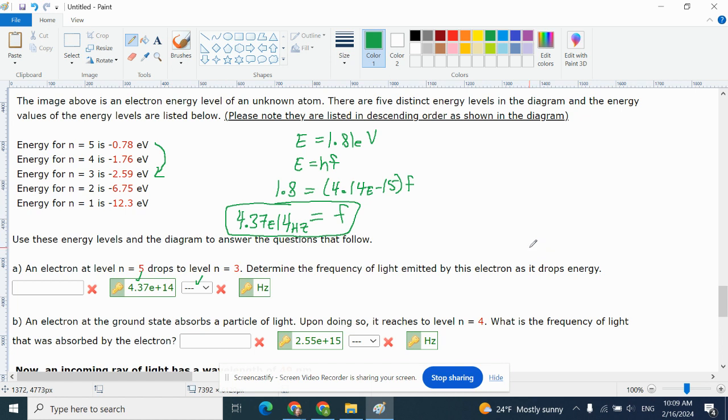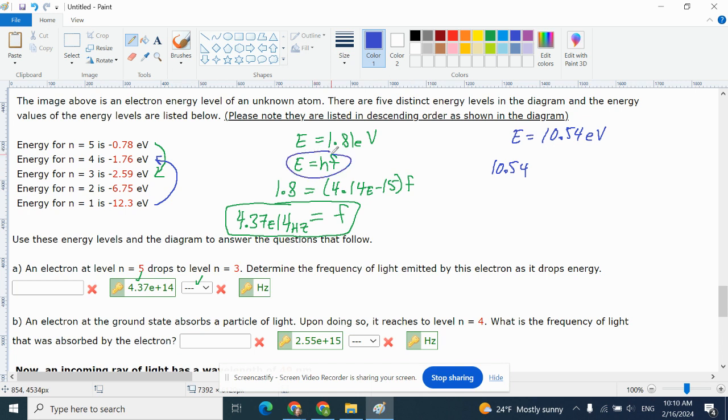Now it says electron in the ground state absorbs light, jumps to level 4. What's the frequency? So ground state's 1, and it leaps up to 4. The difference in energy is 10.54 EVs. So that means our light ray gained 10.54.